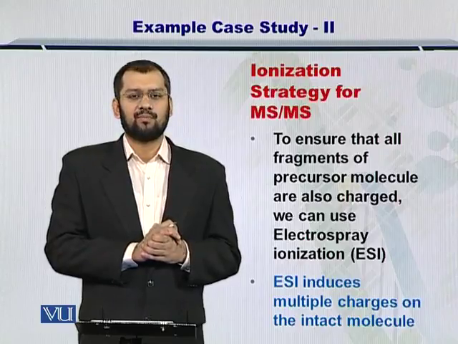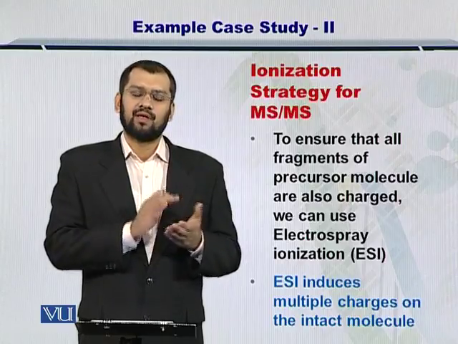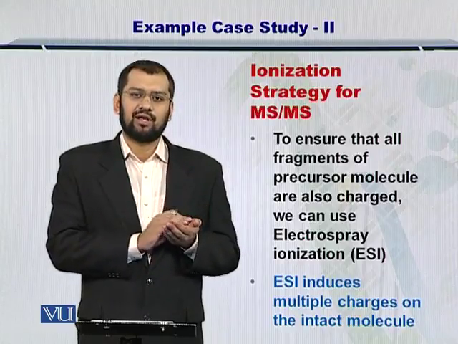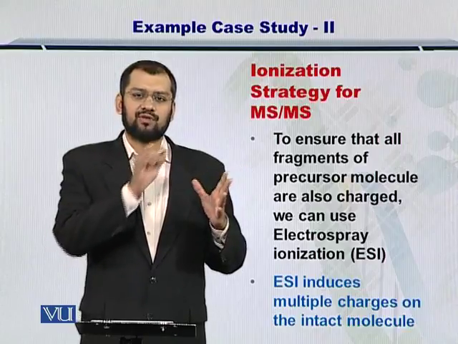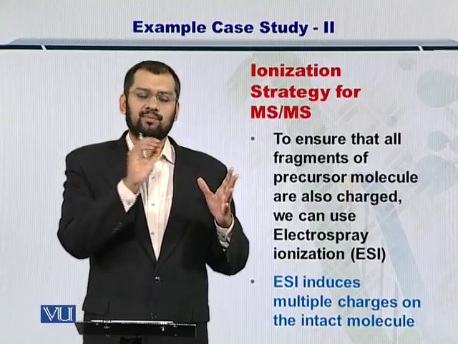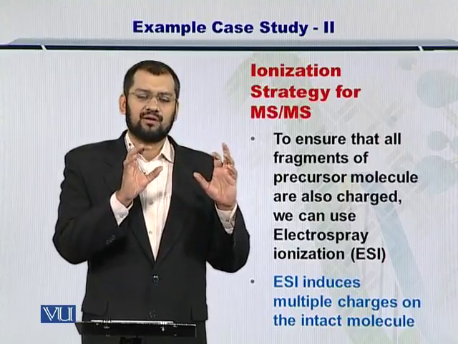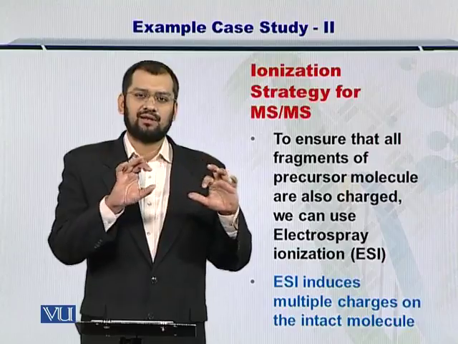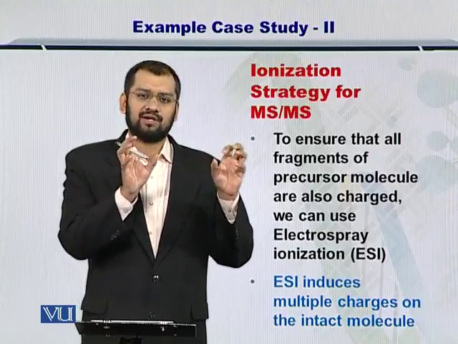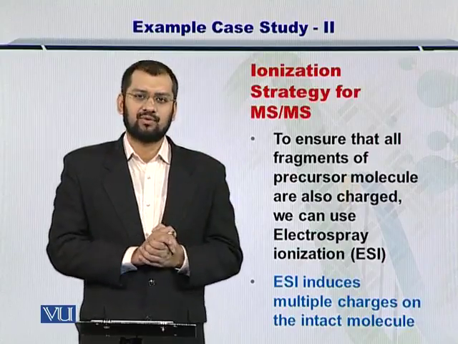Therefore, it is important that you review that ESI, or electrospray ionization, induced multiple charges on the intact protein. So if there are multiple protons on a protein and you fragment the protein, there's a good chance that both the resulting fragments will end up with some portion of the net charge that was there on the intact protein.